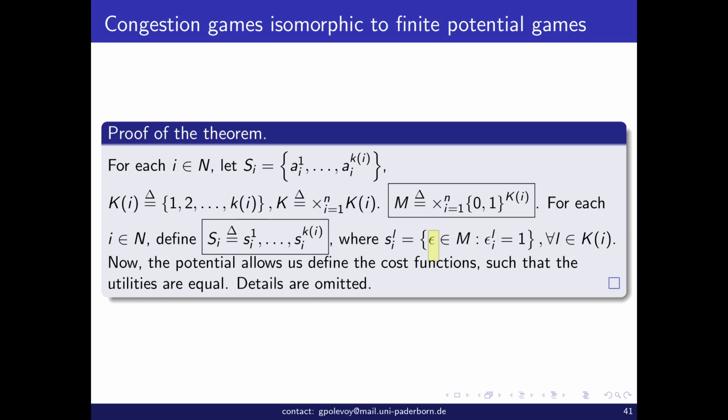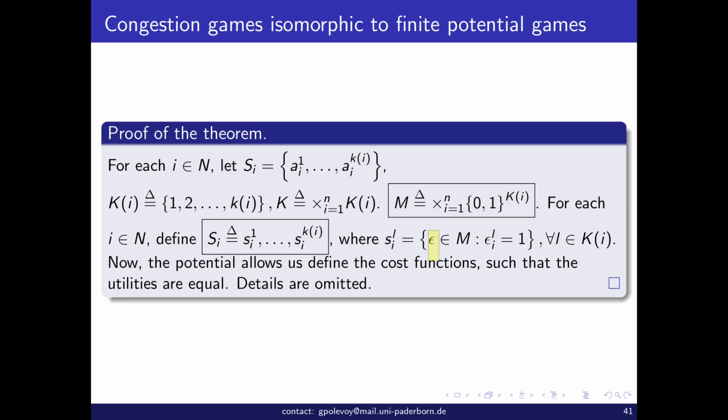Now we need to define cost functions, and we do it using the fact that the game is a potential game. We omit the details, so till now we have really gone over all the proof formally.